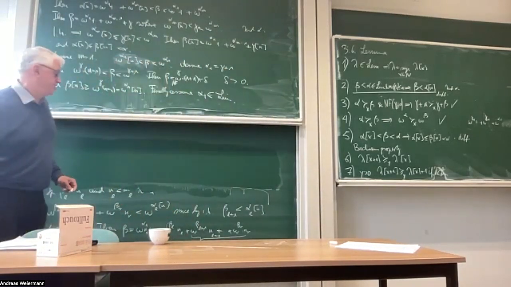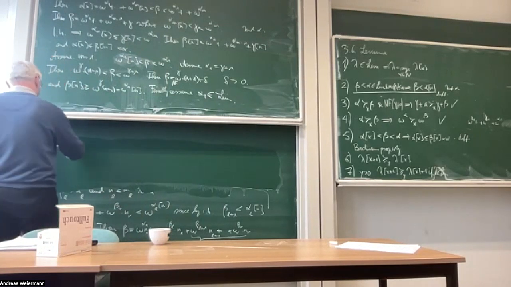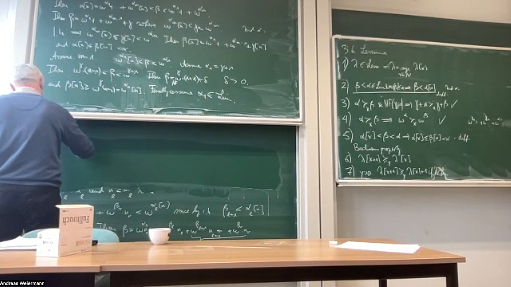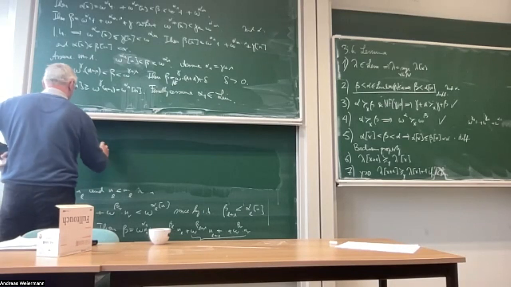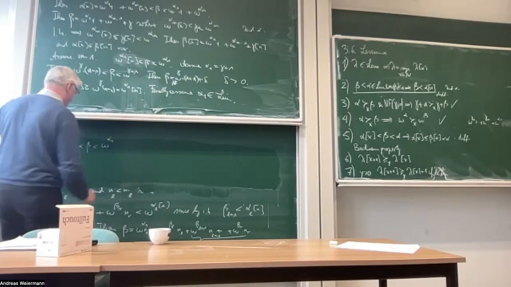Now we look at beta. So we have alpha 1 is a limit, so omega to the alpha 1 of x, followed by beta more than omega to the alpha 1.